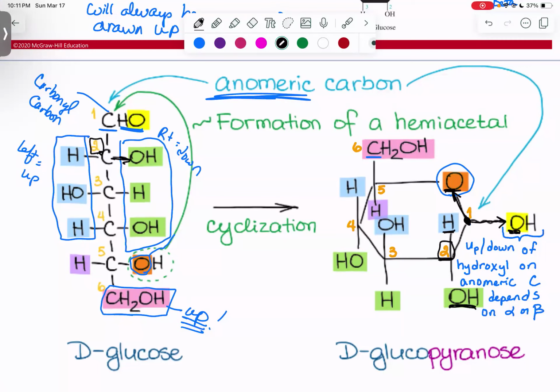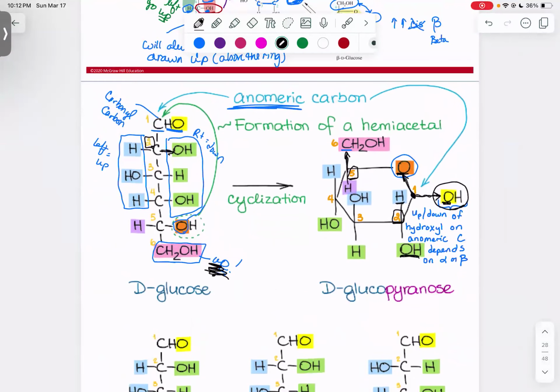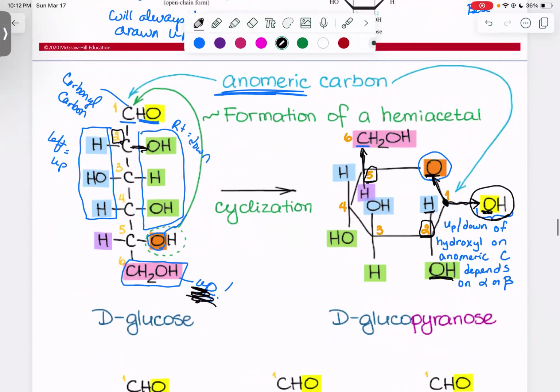And you do that for all of your carbons until your very last one. For carbon number 5, you put this CH2OH going up. And then that allows the position of the hydroxyl on the anomeric carbon to determine if it's alpha or beta. So we call the Fischer diagram just D-glucose. When we put it in the cyclic form, sometimes you'll hear it called glucopyranose. Pyranose is another way to say cyclic.